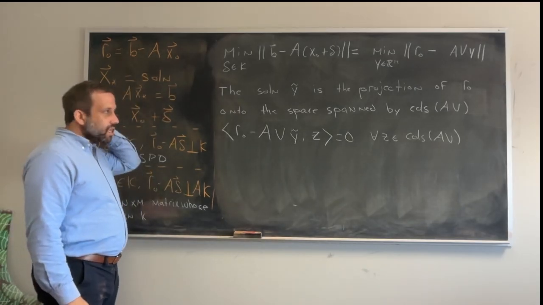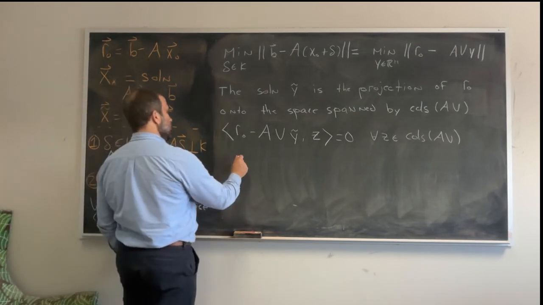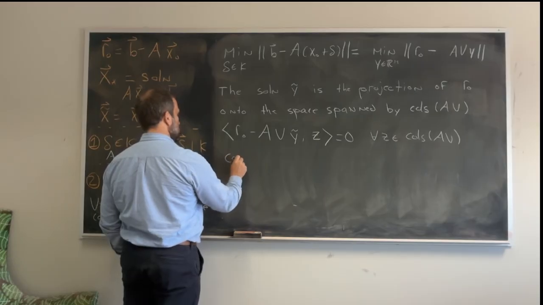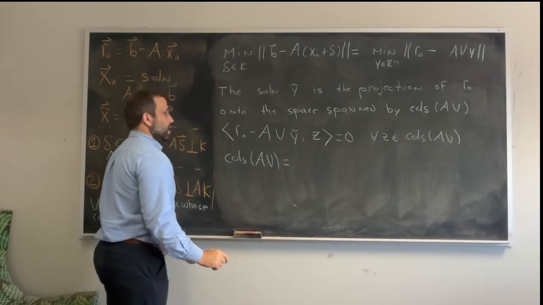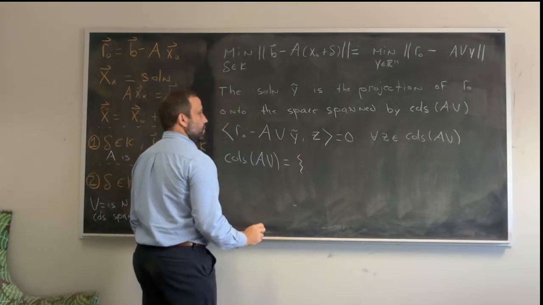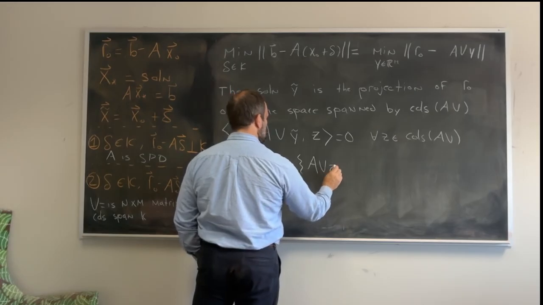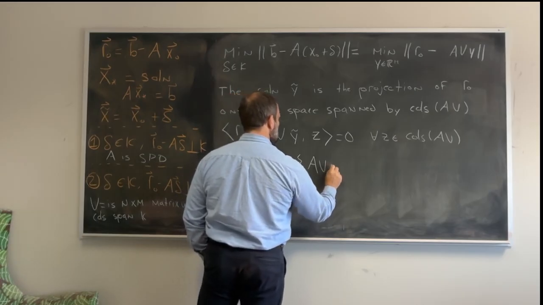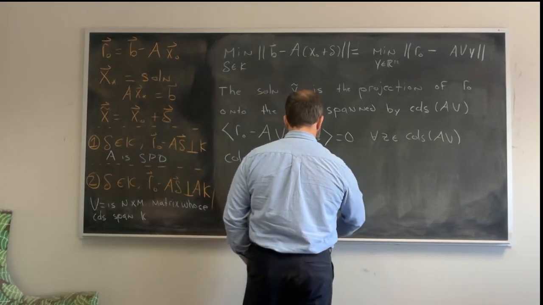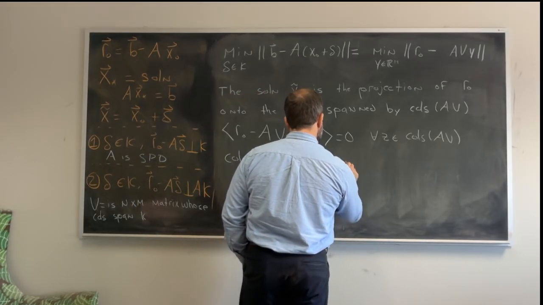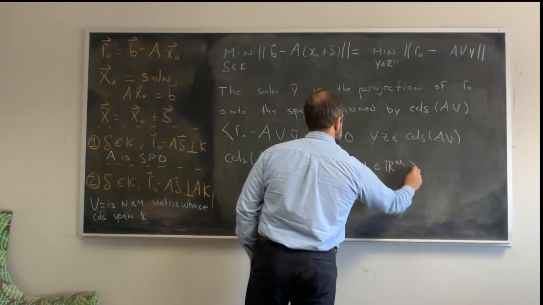Okay, well, let's think about what the column space of A times V is. It's going to be the set of all vectors of the form AVU, where U is in R^n.